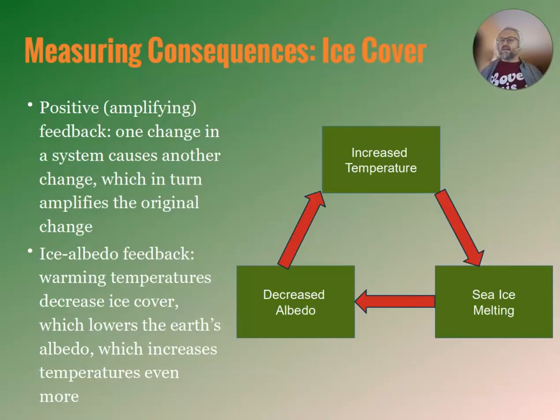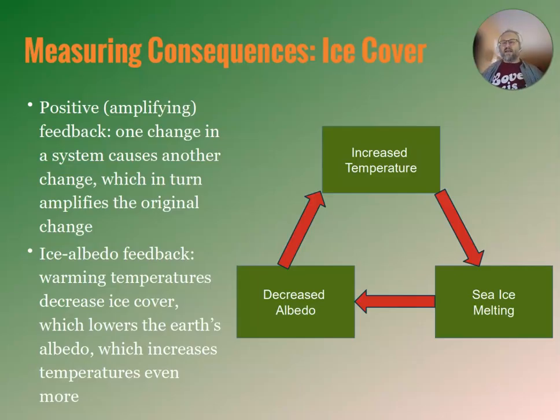So now you're getting a lot more energy being absorbed because the albedo has decreased. And decreasing the albedo will lead to increased temperatures, right? If you're absorbing more of the energy that hits the surface, that's going to increase the temperature. And as the temperature increases, that's going to melt even more of the sea ice, which is going to decrease the albedo even more, which is going to increase the temperature even more, right?